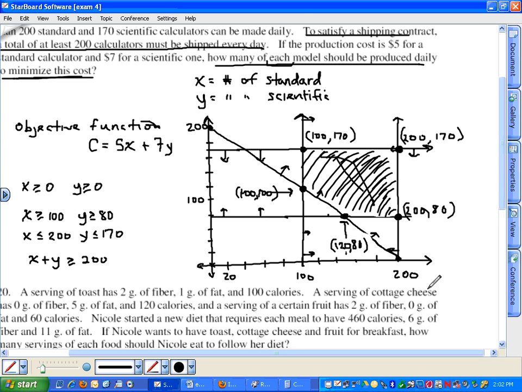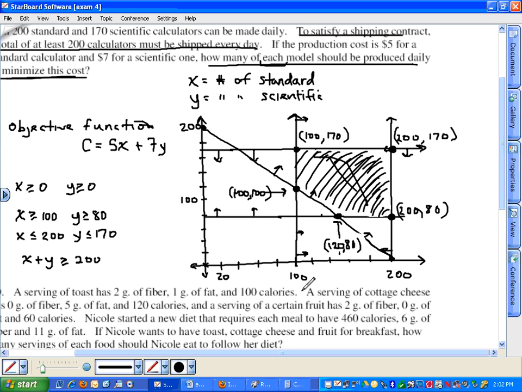So what we need to figure out then is the cost of production at all of these points here. So cost at each vertex.